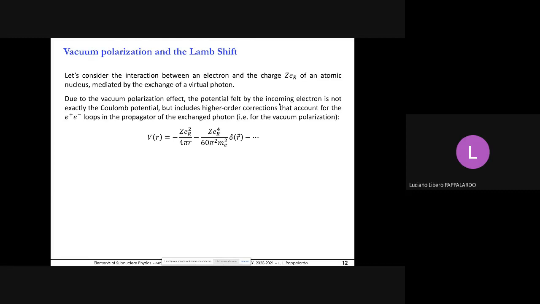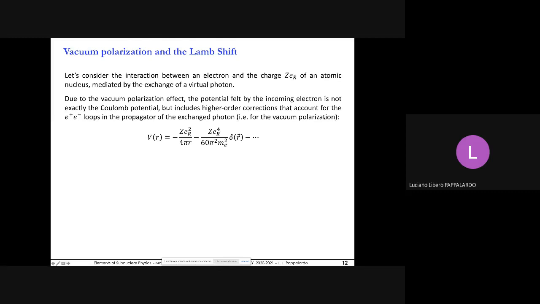Now, due to the vacuum polarization effect, the potential felt by the incoming electron is not exactly the Coulomb potential here, but it includes also higher order corrections that account for the e+ e- loops in the propagator of the exchanged virtual photon. So in other words, you have to correct your Coulomb potential with corrections that take into account these vacuum polarization effects.